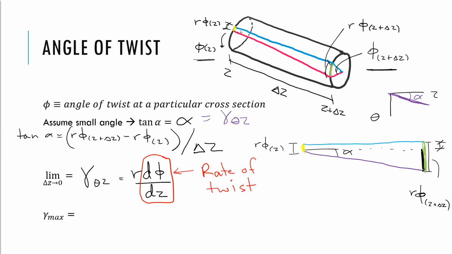Now R can take on a value between 0 and C. C is what we call your outside radius. So if we want to maximize this equation, so if we want to maximize the shear stress, we're going to choose the biggest possible value of R, correct? So that means that we're going to choose C d phi dz.